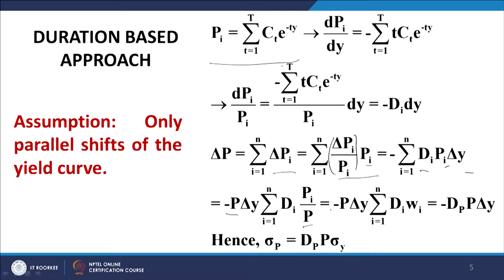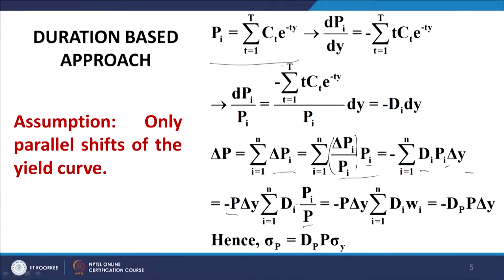So, multiplying and dividing by P, I write the expression within summation as D_i into P_i upon P, and P_i upon P is nothing but the weightage of bond i in money value over the total money value of the portfolio. So, the expression within summation is nothing but D_i into w_i, which is nothing but D_p, where D_p is the duration of the portfolio.